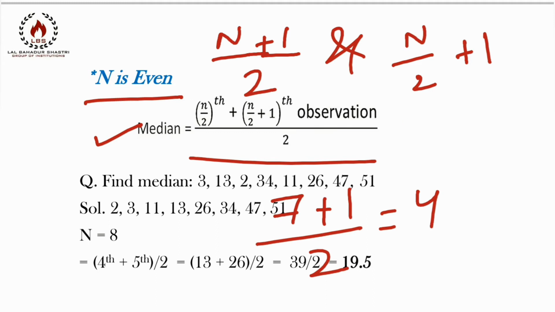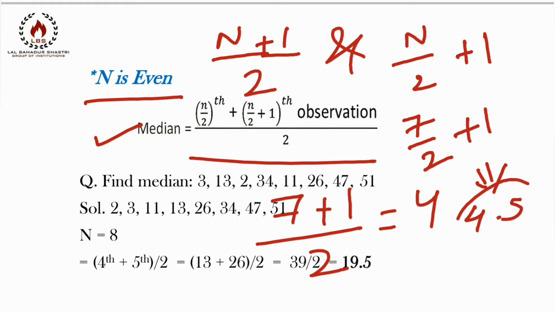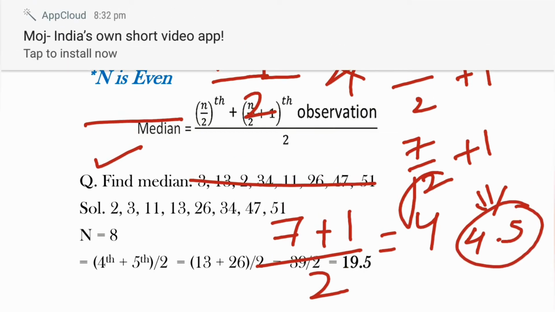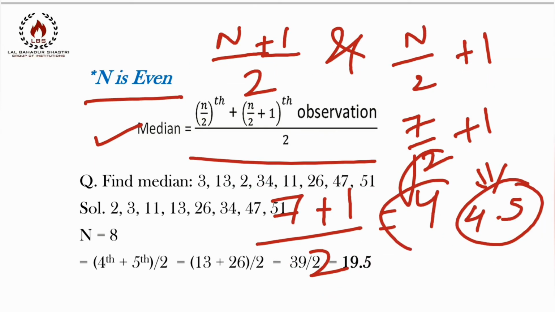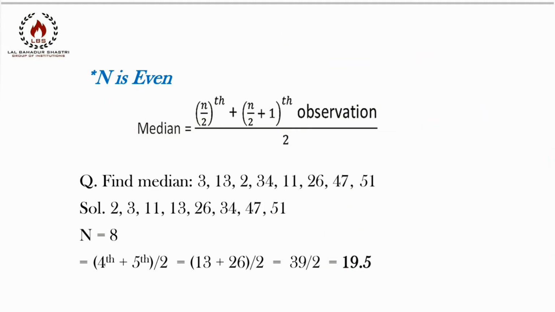And 7 by 2 plus 1 would come out to be 3.5 plus 1, so it will be 4.5. So don't confuse (n plus 1) by 2 and n by 2 plus 1. They are different.